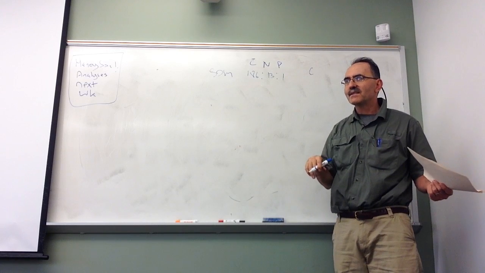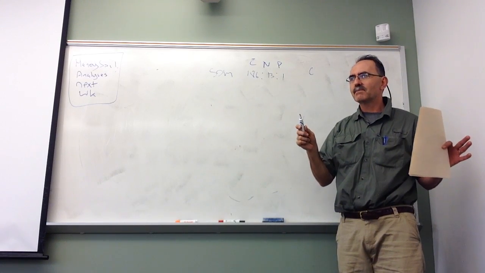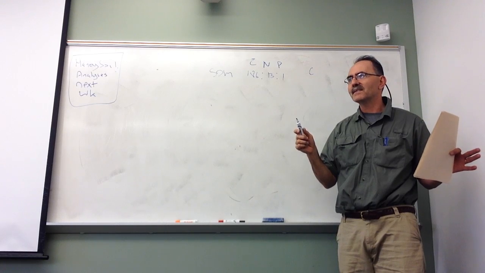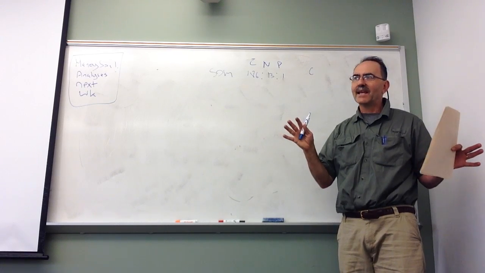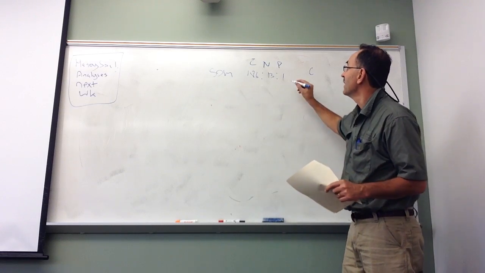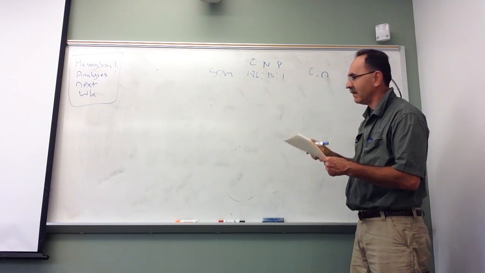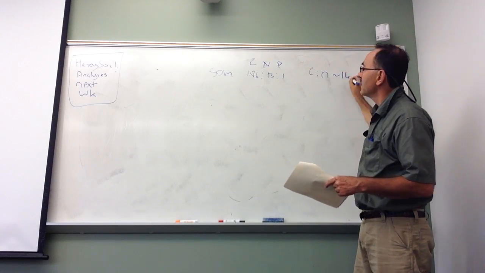Nitrogen and carbon, nitrogen's molecular weight is 14 and carbon's is 12. So by molecule or by mass, it doesn't really matter. But the C to N ratio here is approximately 14.